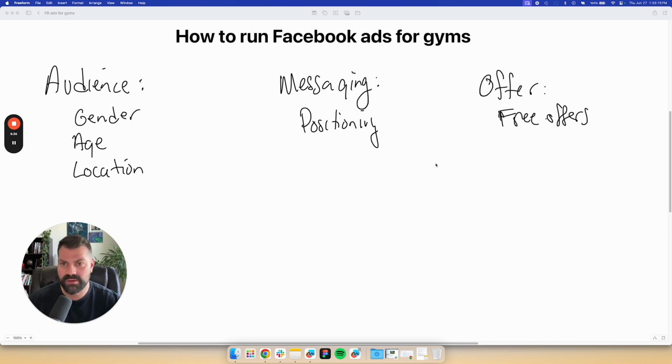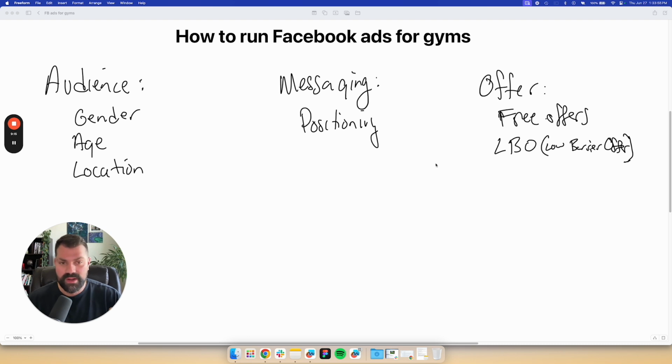And if you're not familiar with what an LBO is, it is a low barrier offer. Sorry about my handwriting. Low barrier offer. All right. So a low barrier offer is essentially a reduced cost offer that you can provide to people to get their foot in the door of your business, right? It's a low hurdle to overcome to get their foot in your door.